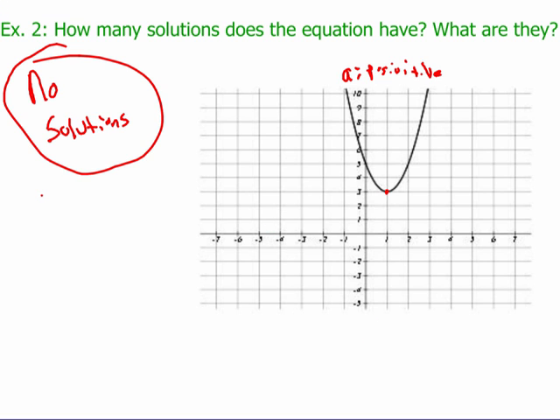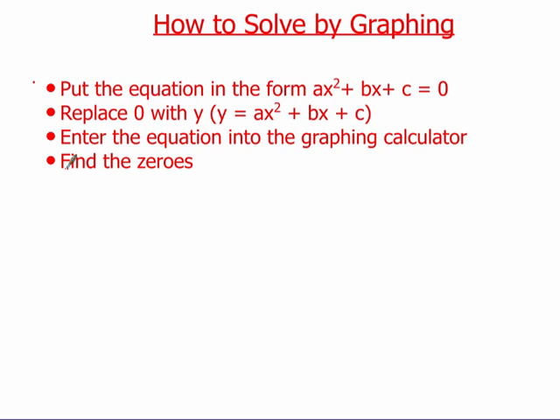All right, now, what if you are not given a graph? Because most of the time you're not going to be given a graph when you go to solve a problem like this. So let's figure out how we're going to do that. The first step is to put the equation in the form ax squared plus bx plus c equals 0.